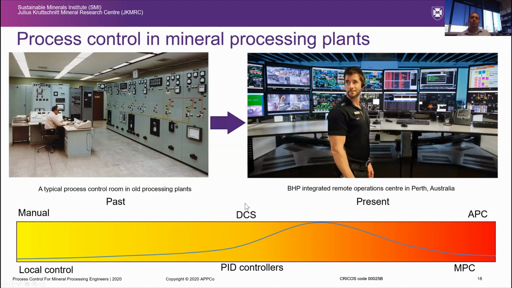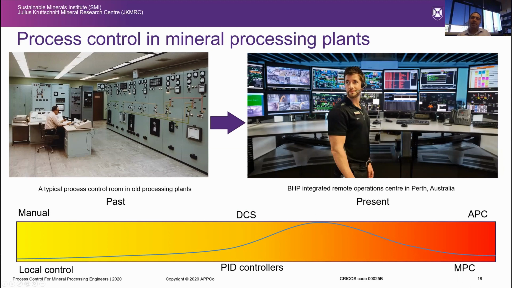And if I want to look at the spectrum that is available at the moment in terms of control, in the past, there were a lot of operations that were running manually or in a local mode, but nowadays more and more they are running in distributed control centers and essentially running the stabilizing control. And now the balance is more toward advanced control and model predictive control. And there are lots of operations that are moving in that direction. But believe it or not, I've been in operations that still are running in manual mode or local control.